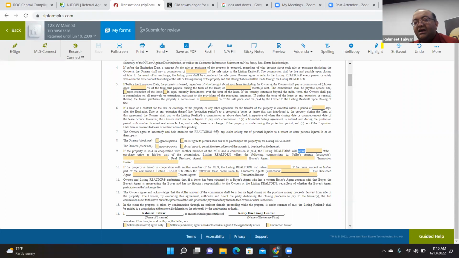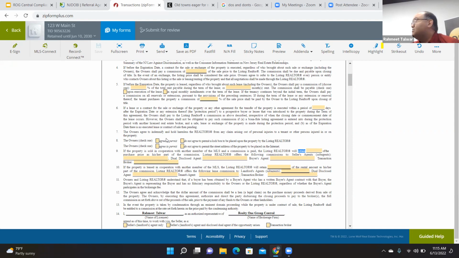Monmouth, Ocean and Hudson as well, I don't think they require you to submit one. Central Jersey and Garden State require you to upload the listing agreement. Monmouth does not, but they do spot check. They'll audit the office and then we have to provide them the listing agreement.